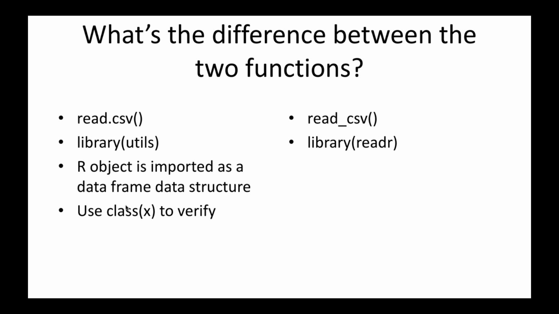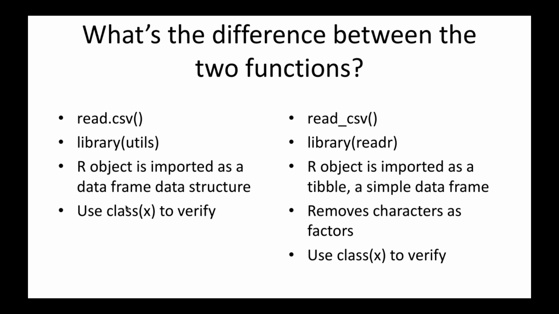Secondly, with read_csv, the R object is imported as a tibble. You might have heard that word before. I think it sounds kind of funny. A tibble is just a simple data frame. So now I have an R object, it's a tibble, that's a data frame, that's a data structure. I want you to get all these things together and see how they relate. This function was designed to remove characters as factors.